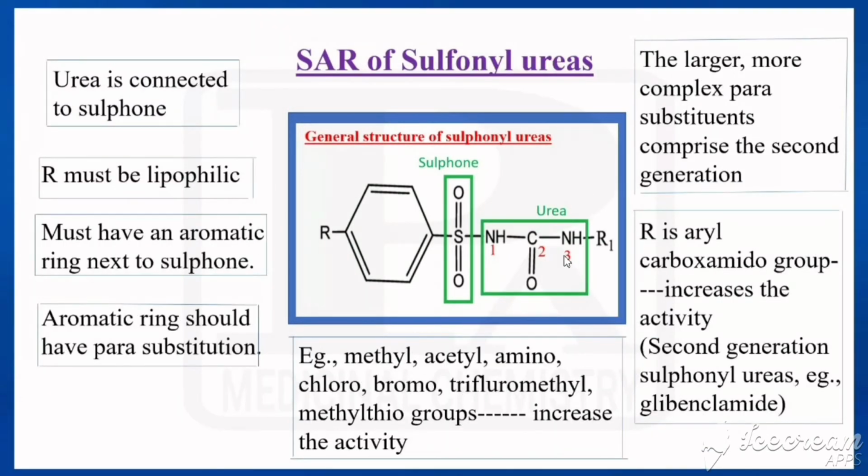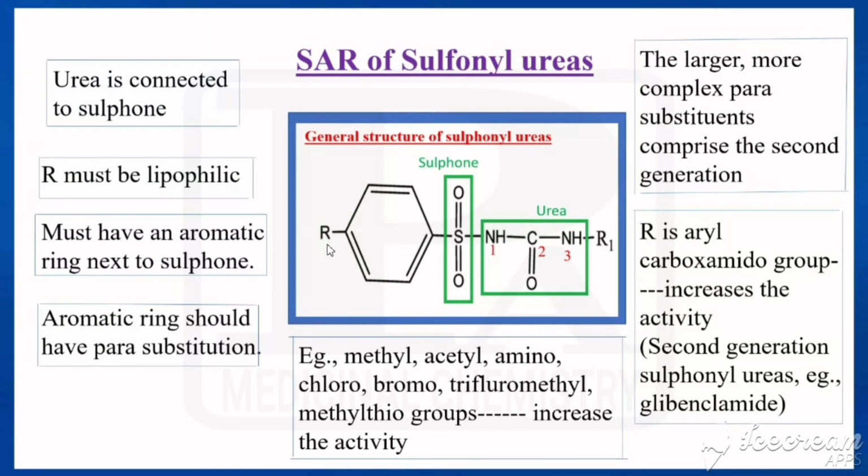So this would be the general structure: urea that is fused with sulfone, otherwise called sulfoxide. The sulfur of sulfoxide is connected with an aromatic ring and that should have para substitution. So this R, the substituent attached to the para position, should be lipophilic. And here also we have one substitution on the third nitrogen, that should also be lipophilic.